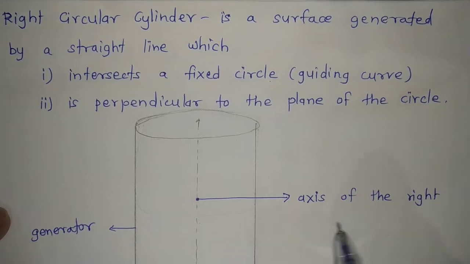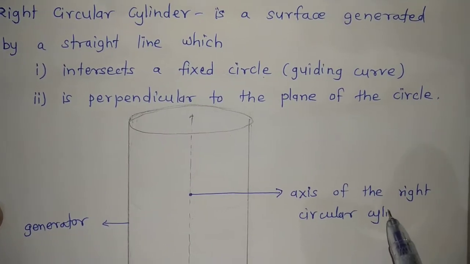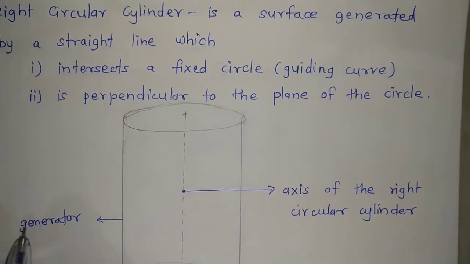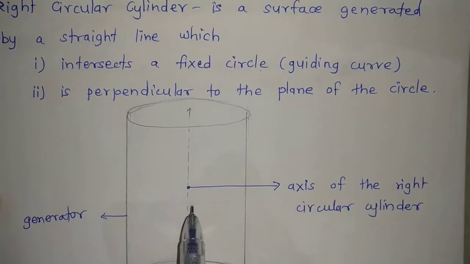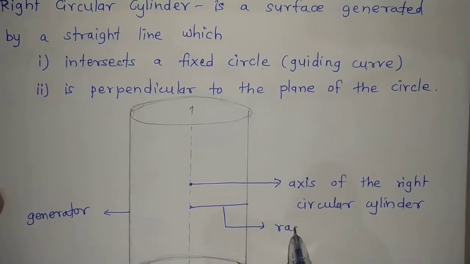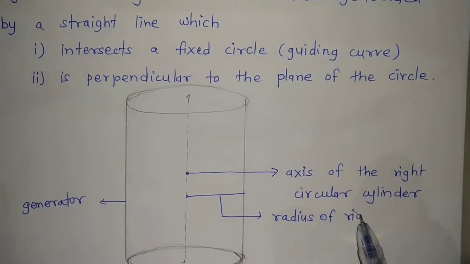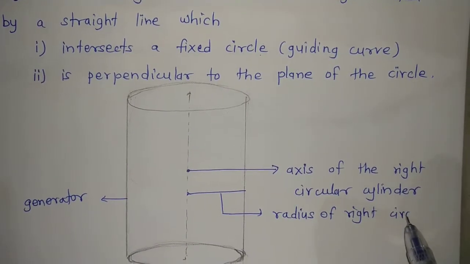So this is the generator, this is the axis, and this distance is called the radius of the right circular cylinder.